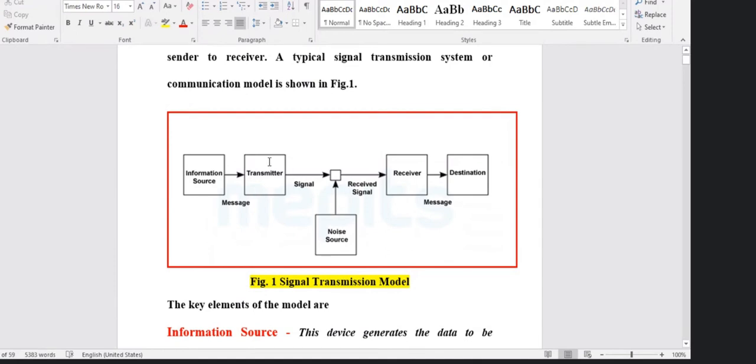So this is all about how we can distinguish baseband and broadband signal transmission systems.